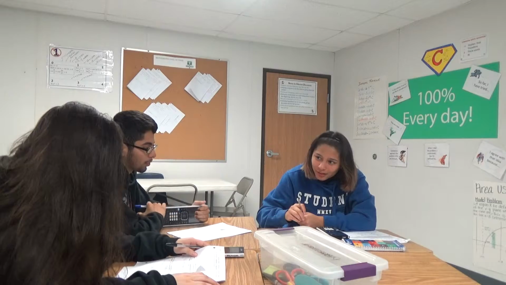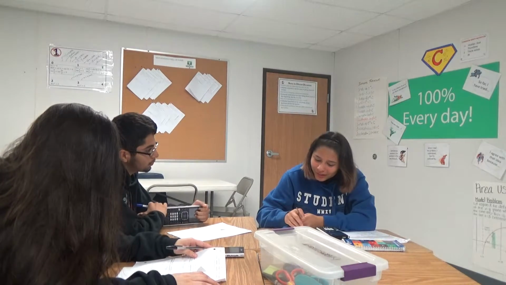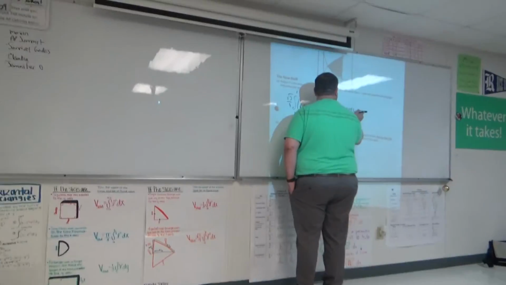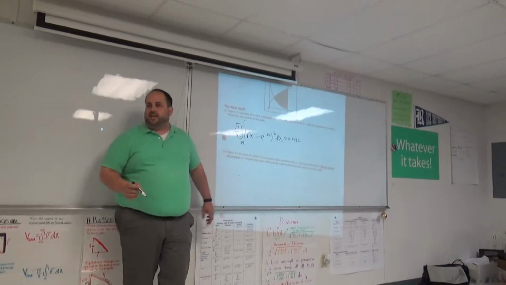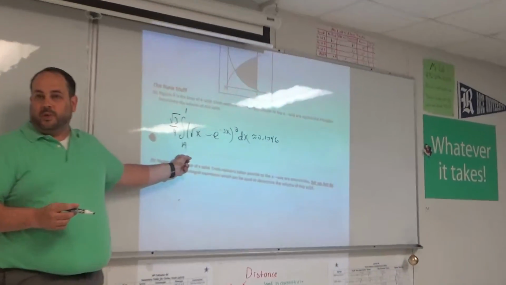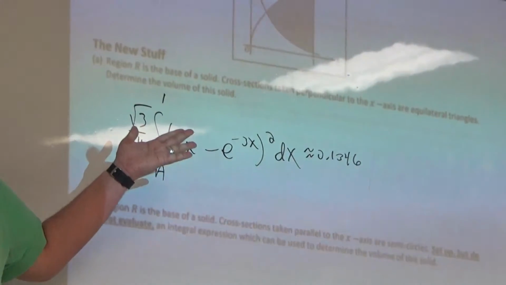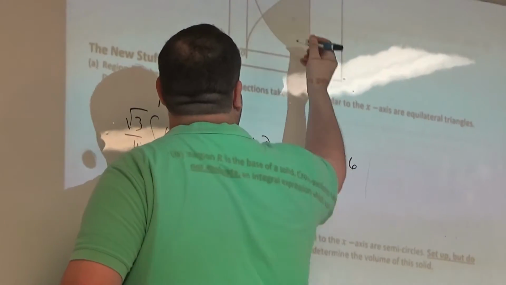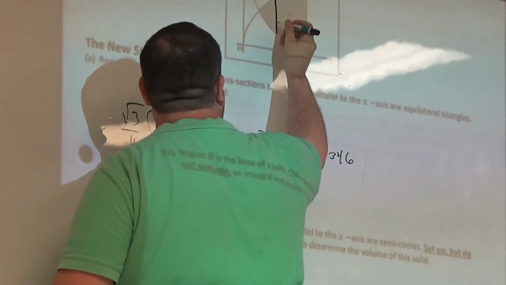All right, so I think at this point I've checked in with everybody. I think I had a chance to check in with just about everybody, and on this first one, this is the setup. My slices are cross sections perpendicular to the x-axis, so I draw my little slices.